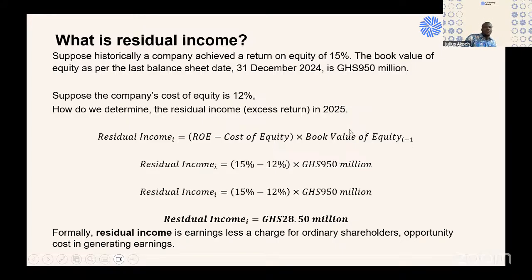Meanwhile, this book value of equity includes not only the P&L items, it also includes other comprehensive income items like revaluation surplus, fair value reserve. All those kinds of things are part of the book value of equity. And you are multiplying that by the return on equity. So generally, there's almost a mismatch here.